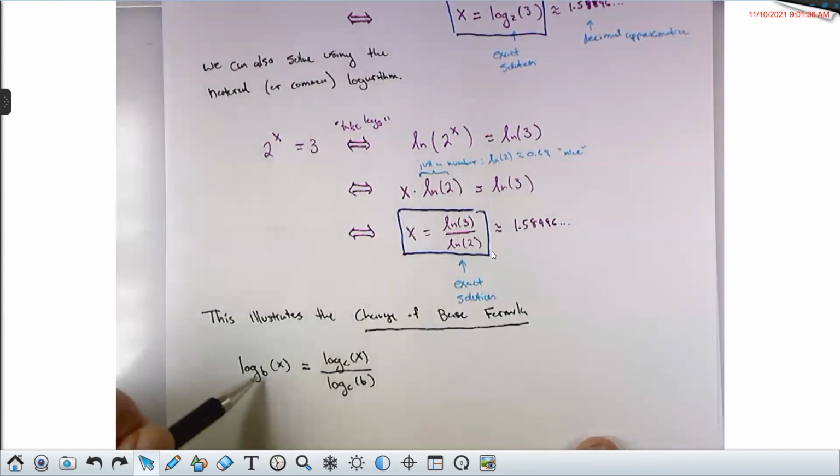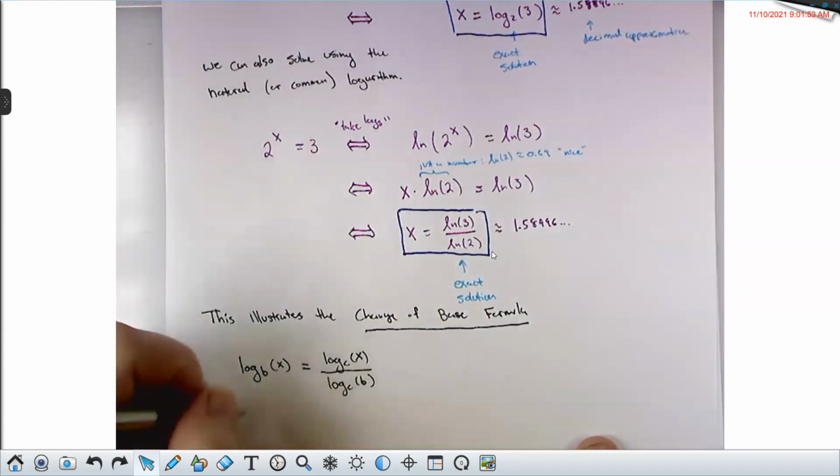So if you want to change some weird base logarithm into some nice base logarithm, if c is a nice base for you, then you can take your weird base logarithm and write it as the nice base of the inside divided by the nice base of the old base. And there are two special cases.